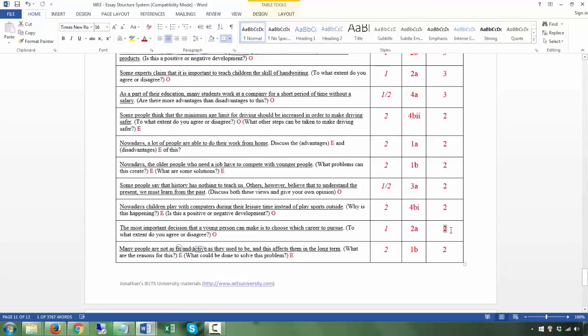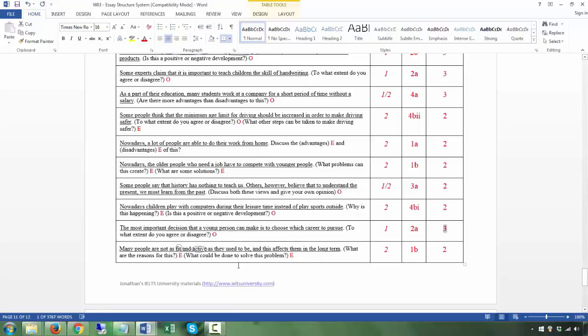To what extent do you agree or disagree, it's a 3. Okay, because how many paragraphs do you have? You are going to take a strong position, agree or disagree, a complete position. You completely agree, you completely disagree, and then you have 3 reasons. Each reason will be 1 paragraph, so you have 3 body paragraphs.